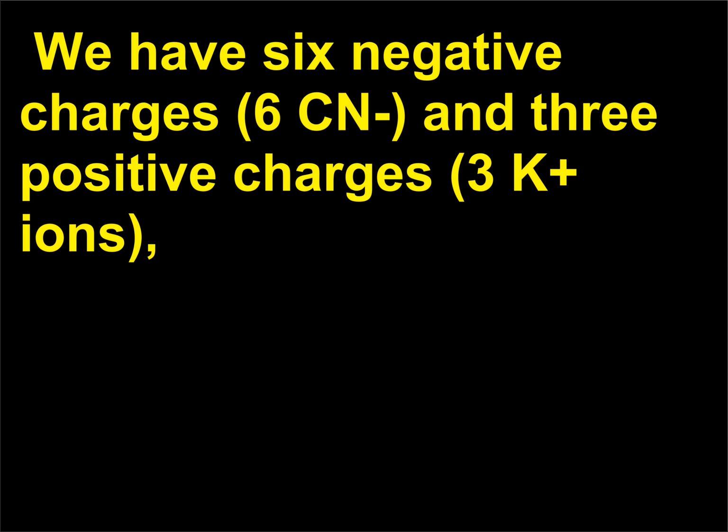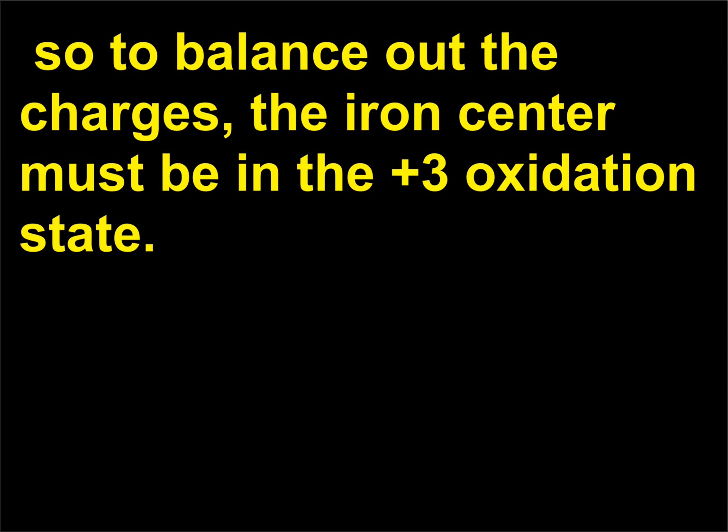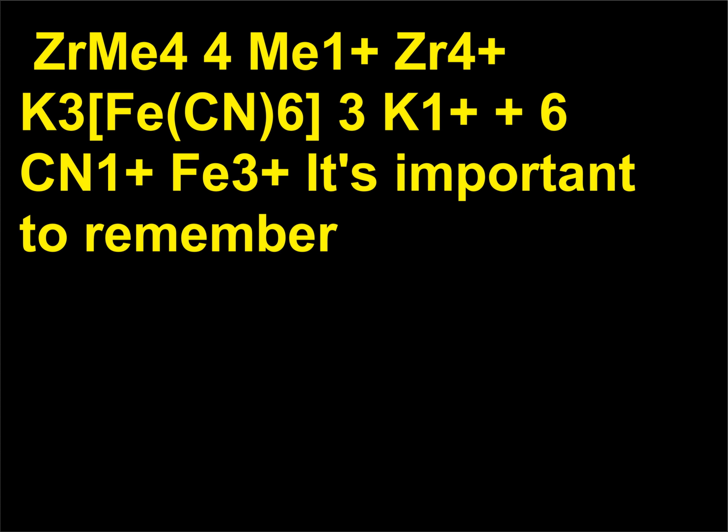We have 6 negative charges, 6 CN-, and 3 positive charges, 3 K+ ions. So to balance out the charges, the iron center must be in the +3 oxidation state. ZrMe4 gives 4 Me- plus Zr4+; K3Fe(CN)6 gives 3 K+ plus 6 CN- plus Fe3+.